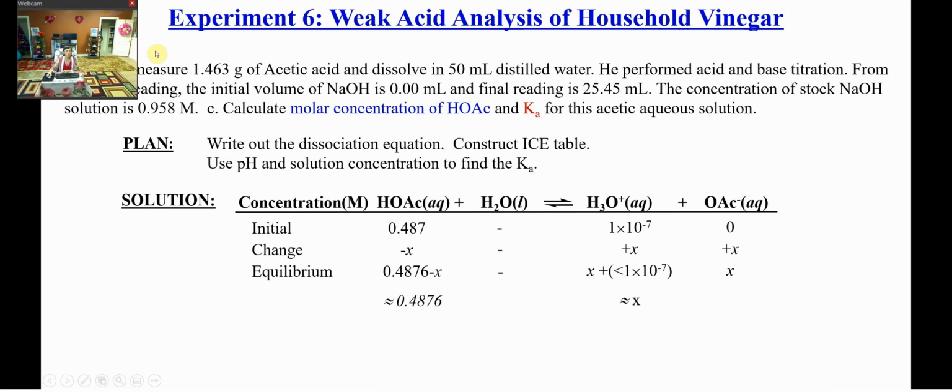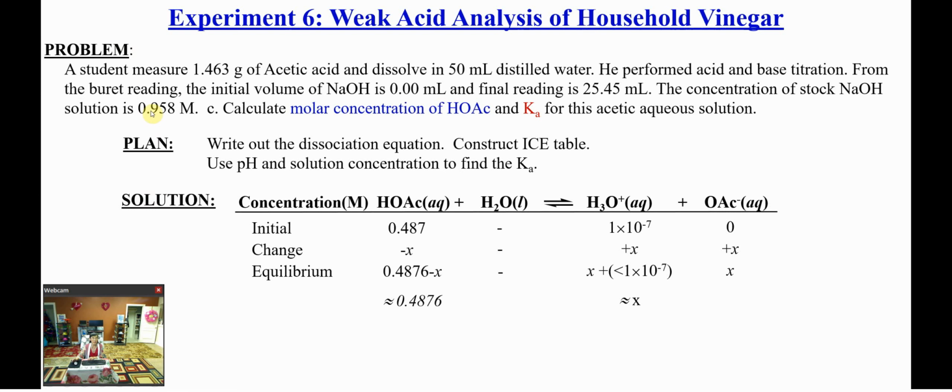And then you can determine your Ka for this acetic acid. You already determined the molar concentration from the previous slide, and now you are going to calculate your Ka, the ionization constant of your acetic acid.